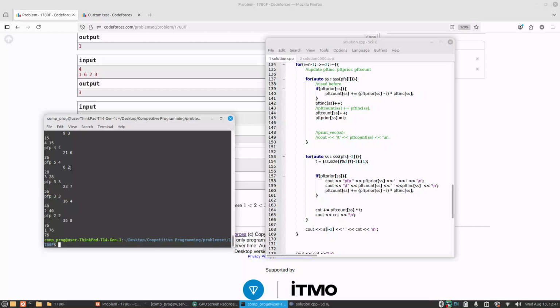So the count is 6, so why is that the case? Oh, 1. Yeah, I guess it makes sense.